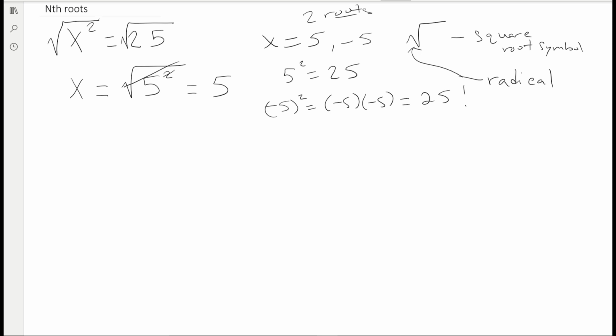Now this square root that we just found is called the principal square root. It's called the principal square root because we're looking at the positive answer in this case, not the negative answer. So we're only looking at the positive roots, if you will. In this case, positive 5. So the principal square root of 25 is 5.